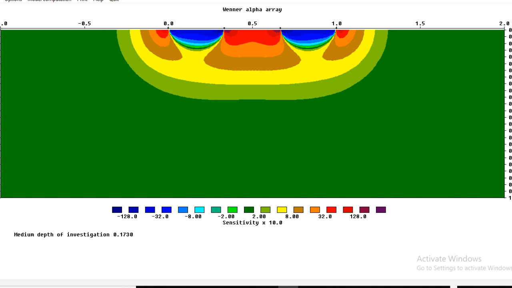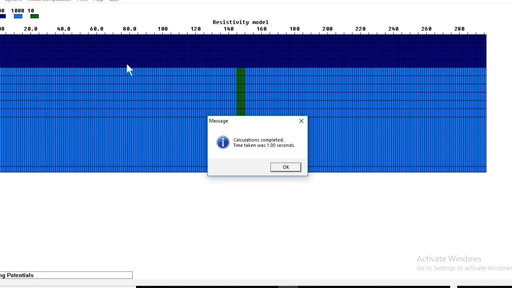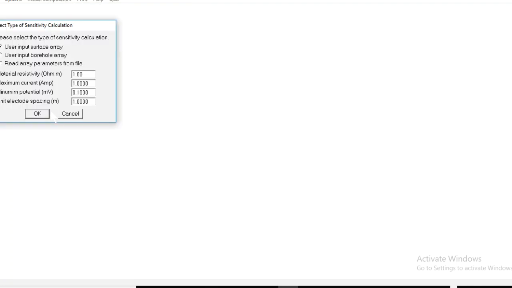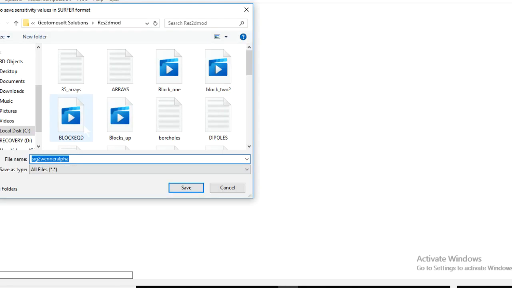I have given the model and we can generate the data. Given the model, we can generate 2D sections from the model. This is the model given. So from this model I can generate a 2D section like this one.